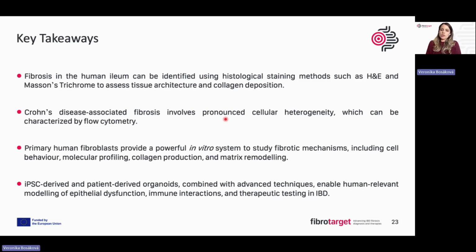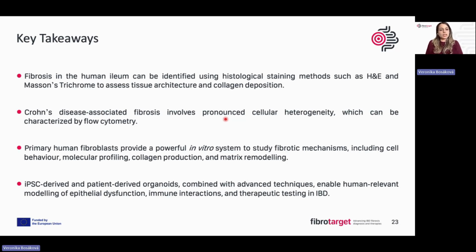And to summarize all the in vitro part, we showed you that we can study or characterize fibrosis in the human ileum using different histological staining methods such as hematoxylin and eosin or Masson's trichrome to study the architecture, but also collagen deposition.